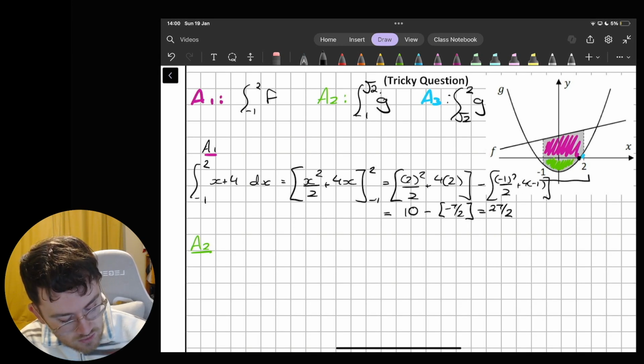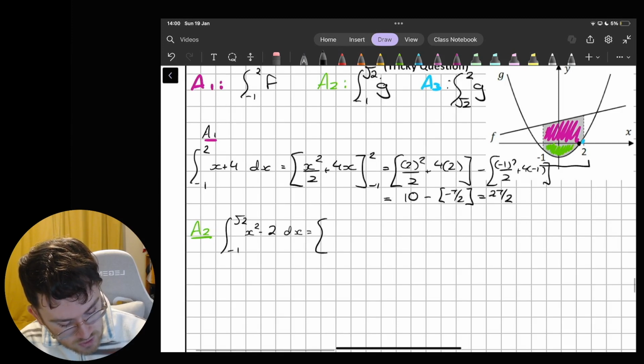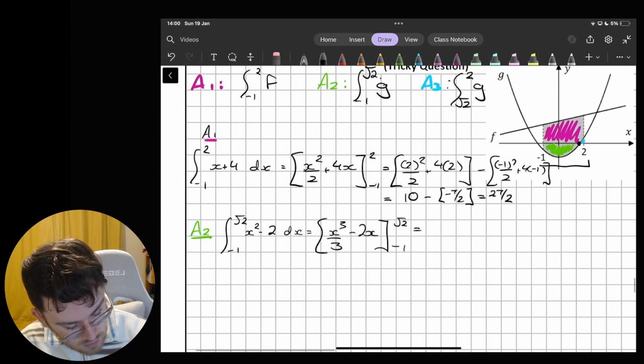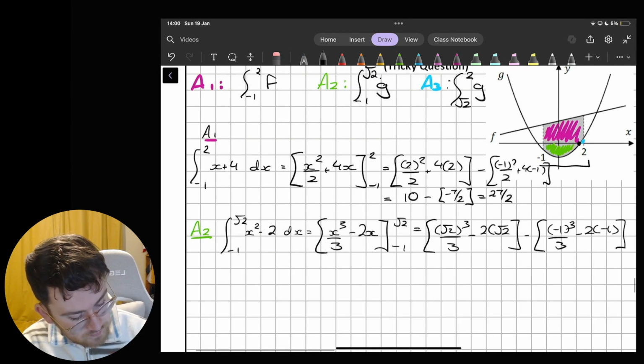I'm expecting a negative answer that I will have to make positive. This is going to be the integral from -1 to √2 of x squared minus 2, which is x cubed over 3 minus 2x from -1 to √2, which is, of course, √2 cubed over 3 minus 2 times √2 minus -1 cubed over 3 minus 2 times -1.